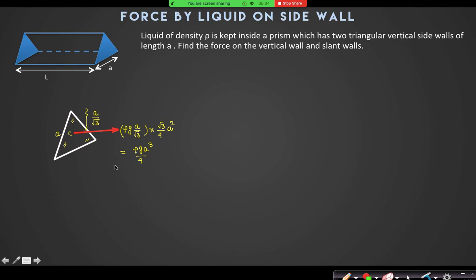Even if you take a strip and try to do it by integration, you will find the same answer. Have you made any mistake? Let us try to solve it by taking strips also.